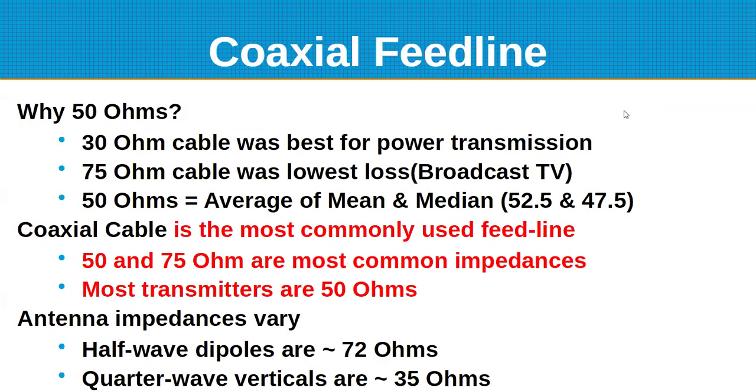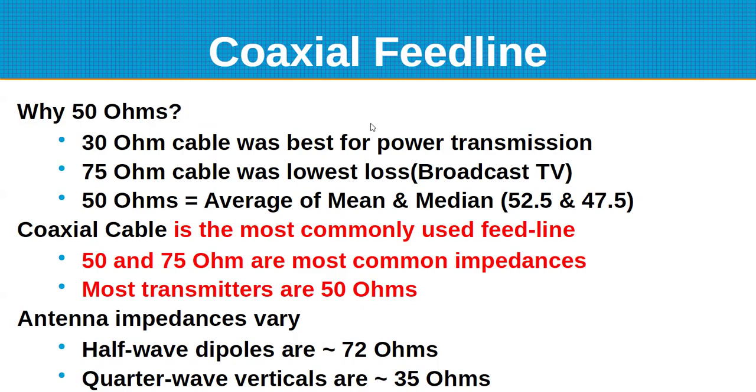And I'm sure you're asking why we use 50 ohms. Is anybody asking that question? Well, it turns out that back in the early days, this was kind of done by AT&T with long distance transmission lines. 30 ohms turned out to be the best impedance for power transmission. 75 turned out to have the lowest loss and is used by broadcast TV.